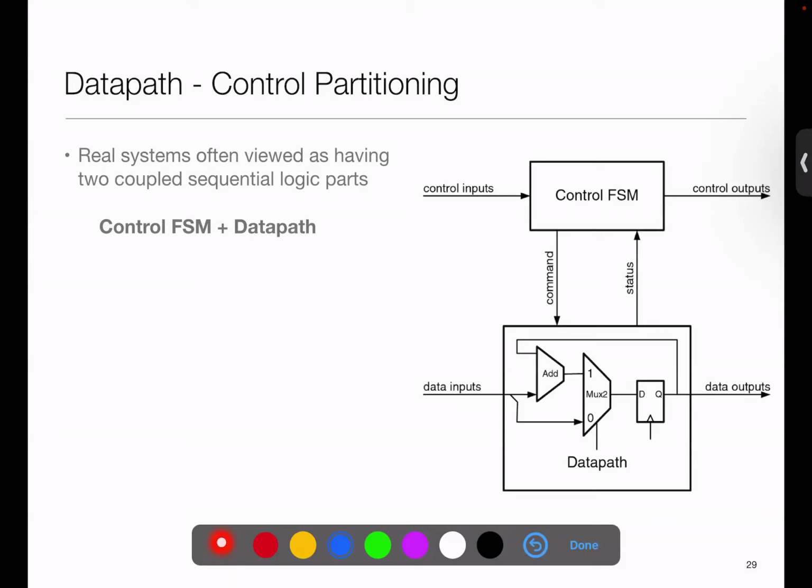So one way of thinking about these systems is like the following, that there is a data path where we process the data. And then there is a controller which orchestrates the data path. And in general, this controller may itself have states in it. Okay. In our example thus far, the controller was just some little combinational logic, but it could be more complicated. And then the way things happen is there are signals coming from the outside world, which are like control signals, and outputs going to the outside, which are control outputs.